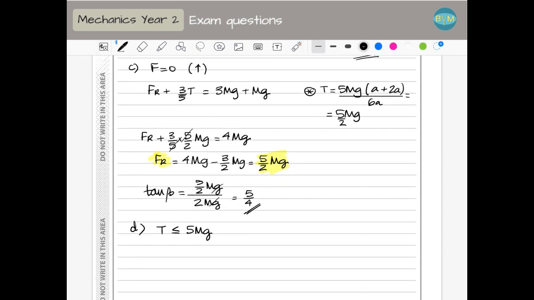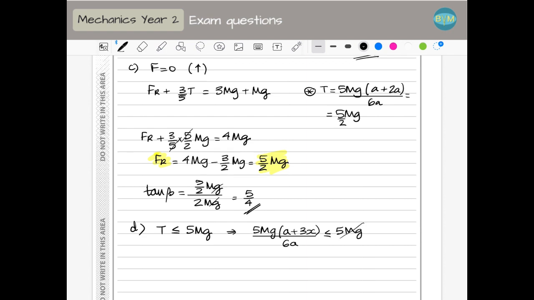So tension, which is 5 mg, a plus 3x divided by 6a, must be smaller or equal than 5 mg.